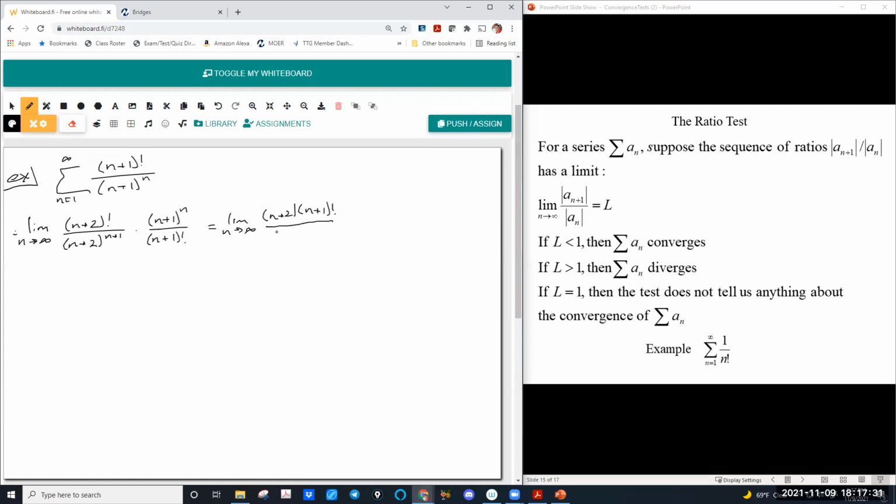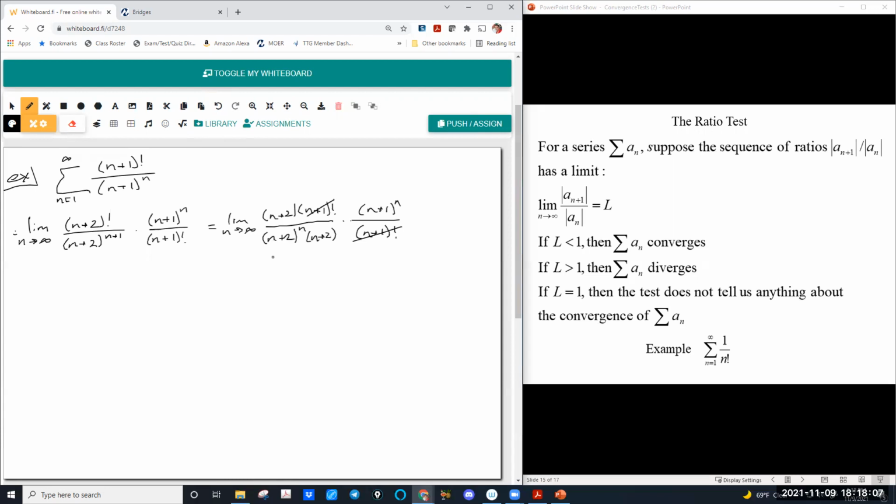This guy, n plus 2 to the n plus 1, I'm going to do something similar to what we did before. That can be rewritten as n plus 2 to the n times n plus 2. That's the same thing I did with 2 to the n plus 1 in the last one. Those exponents add. Not much we're going to do with this other one, n plus 1 to the n, and then n plus 1 factorial.